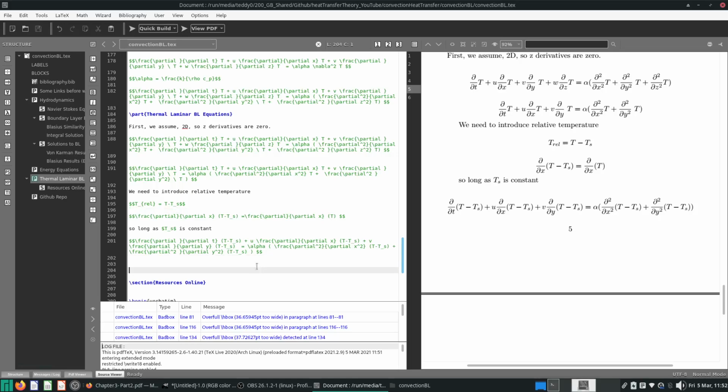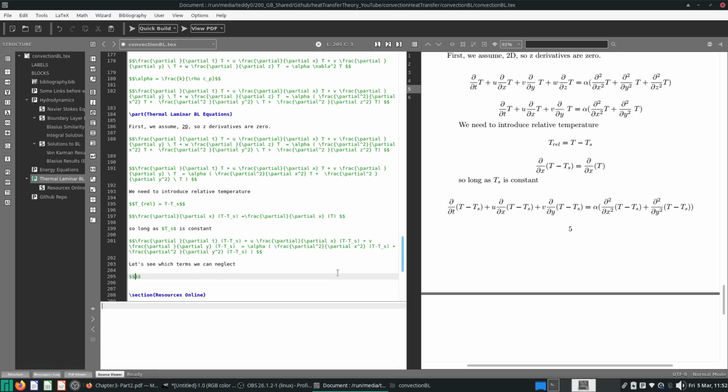So let's see which terms we can neglect. That will be done using the same dimensionless analysis, excuse me. Okay, so we can define the dimensionless temperature as follows.